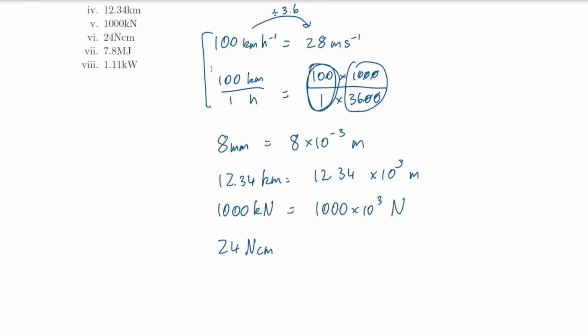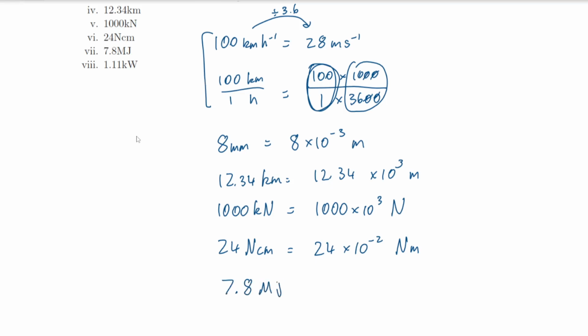So newtons is already in SI units, but we need centimeters into meters. So we would need to divide it by 100, or times it by 10 to the power of -2. That will give us the answer in Newton meters. So 0.24 Newton meters.